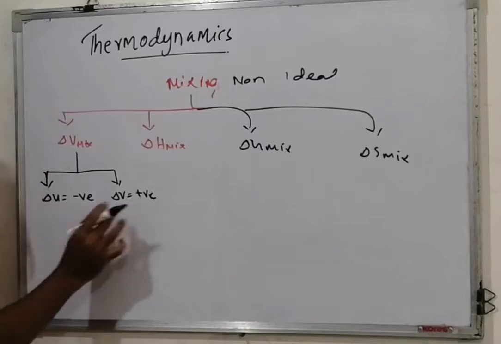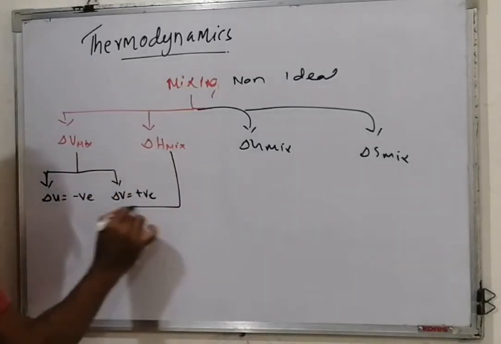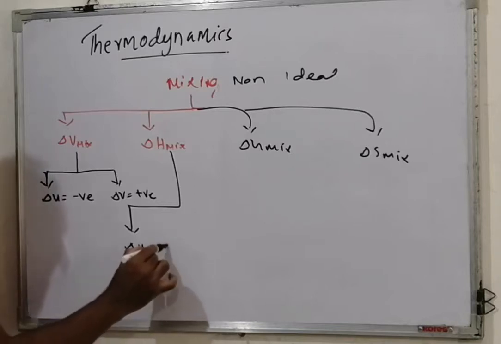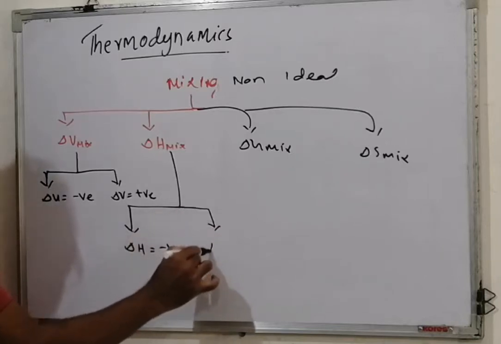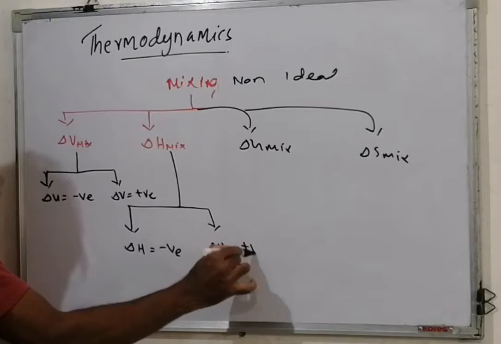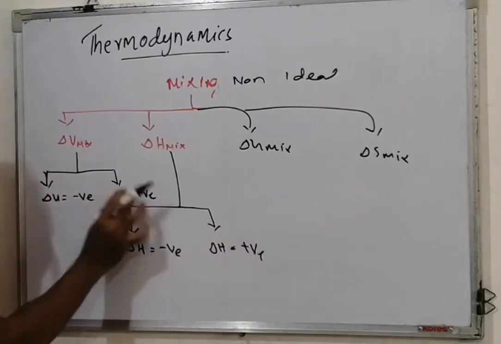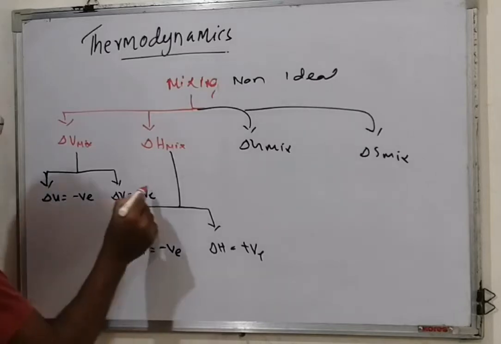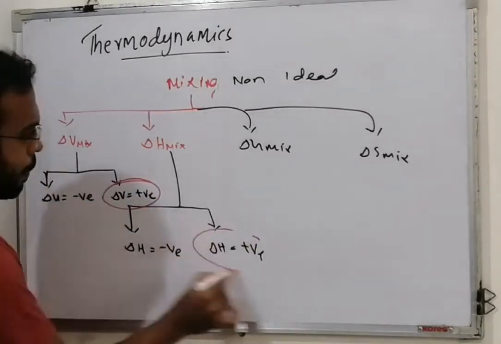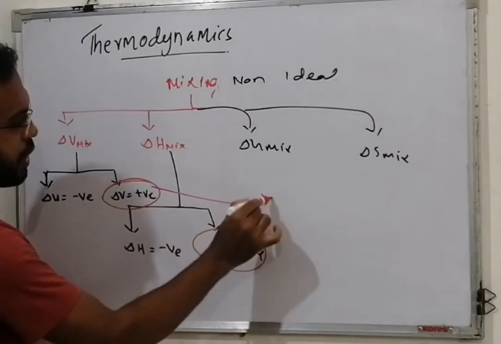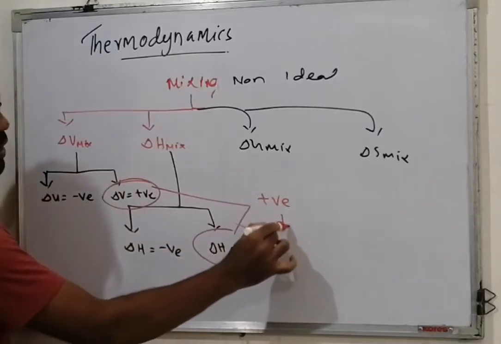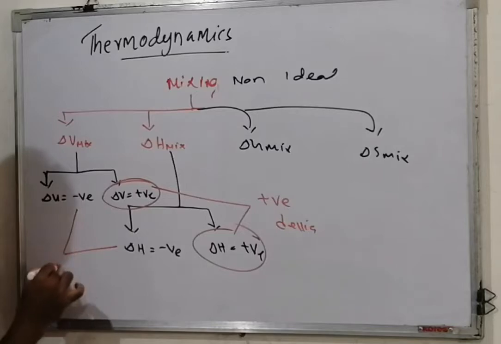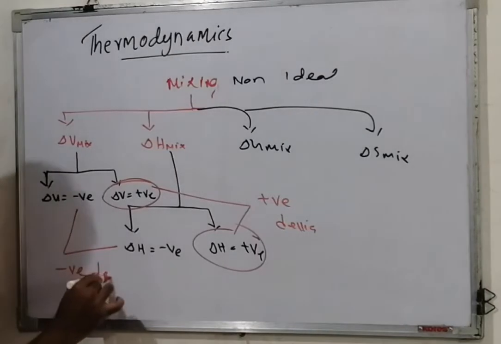This is negative deviation, this is positive deviation. Here also, delta H negative or delta H positive. For positive deviation, delta V positive, delta H positive. These two cases are called positive deviation, and these two cases are called negative deviation.